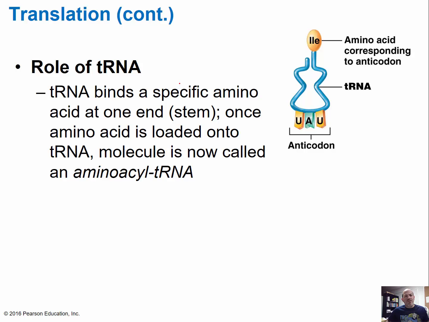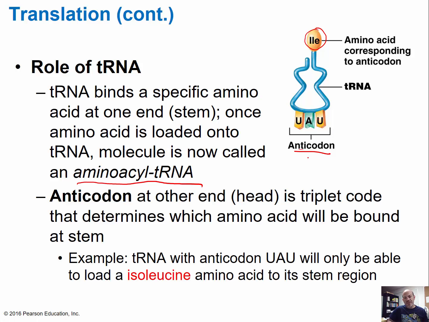So looking at the role of tRNA. On the right we have a picture of a model of our tRNA molecule, and you can see on one end, on the stem end, we're going to have isoleucine here, or basically an amino acid bonded there on the stem end, and then on the other end we're going to have our anticodon. Whenever the amino acid is bonded to the tRNA, we're going to call that an aminoacyl tRNA.